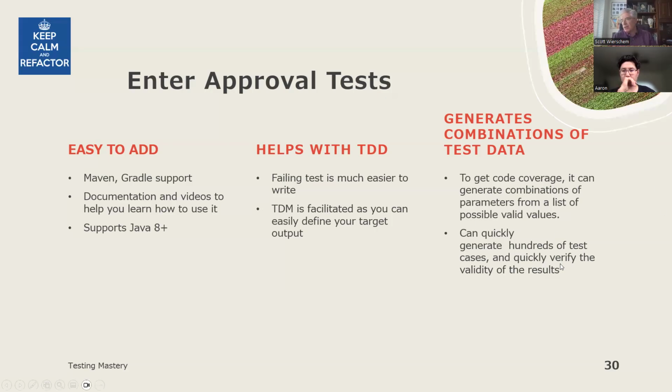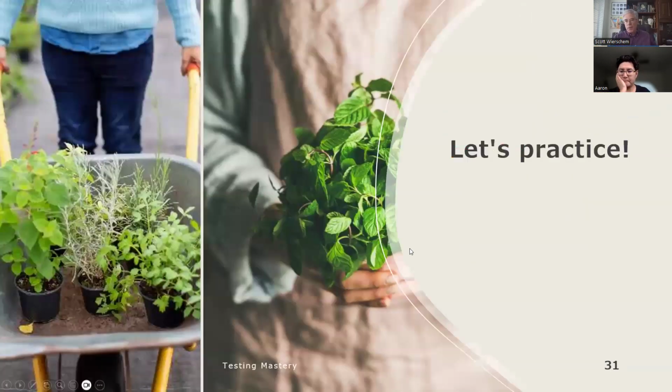And it'll quickly generate hundreds of test cases to go and verify that, which I find tremendously powerful and tremendously helpful, especially when I'm trying to do a characterization test on some old code that I have no idea how it works. So, with that in mind, let's practice.